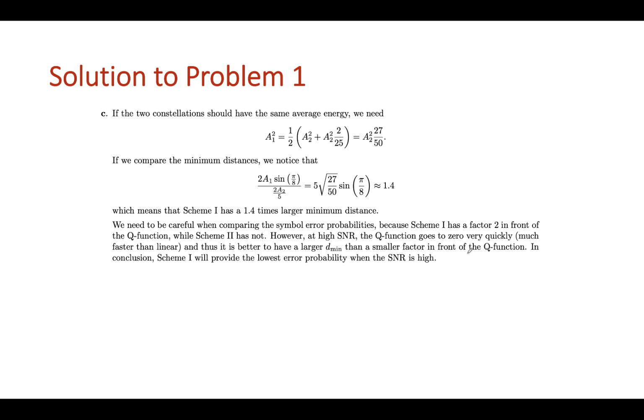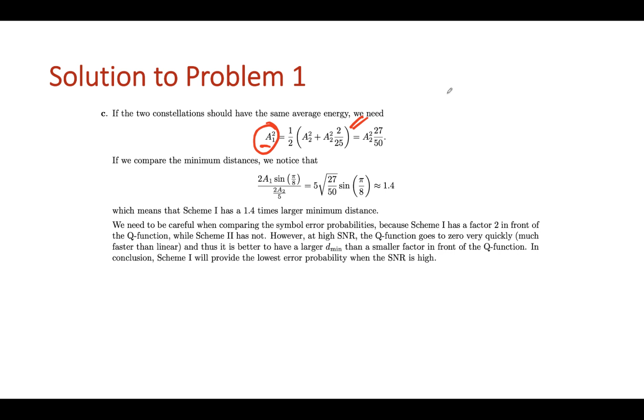For part C, it says that if the two constellations have the same average energy, then you need to have this. The average energy for constellation 1 is A1 square, and for constellation 2 is this. You can verify this, and then if you equate them, you can write A1 in terms of A2. Then compare the minimum distances for both cases, because the minimum distances are in terms of A1 and A2.